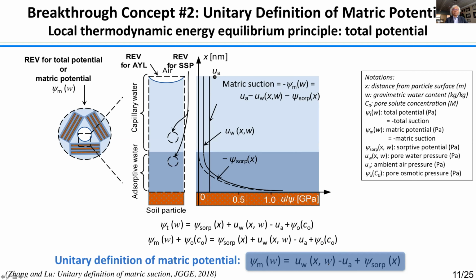We can look at this as illustrated here: imagine that you have air pressure, then you have the decrease of pressure because of the air-water interface. Under that condition, we have a matrix suction, this value, which will be the same no matter where you go, from the particle surface all the way to bulk water, to the interface.